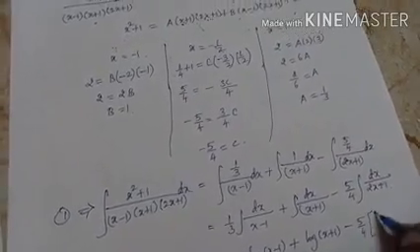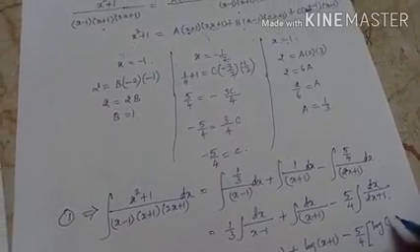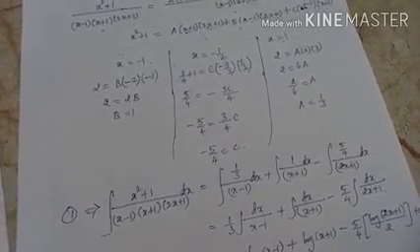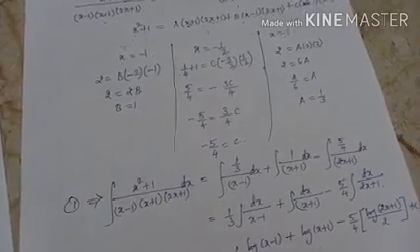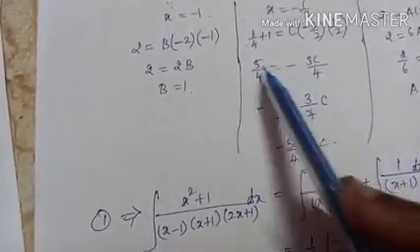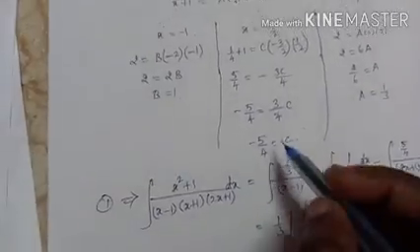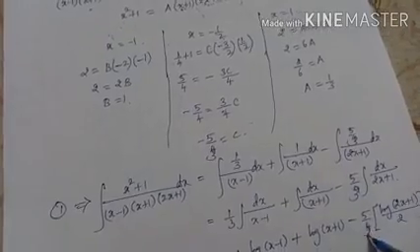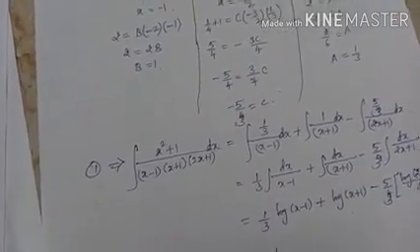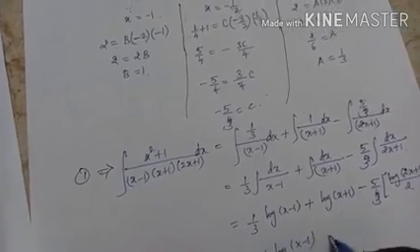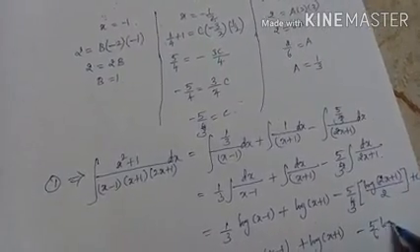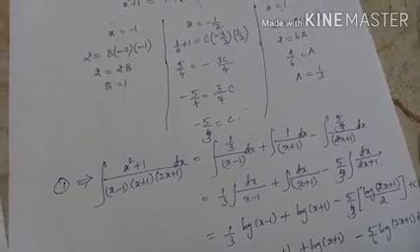Similarly, it is log of 2x plus 1 divided by 2, plus c. Okay, plus c. I have done a mistake here. When 4 comes, 4 and 4 get cancelled. It is 5 by 3, right? It is 5 by 3. Which is 1 by 3 into log of x minus 1, log of x plus 1, 5 by 6 into log of 2x plus 1 plus c.